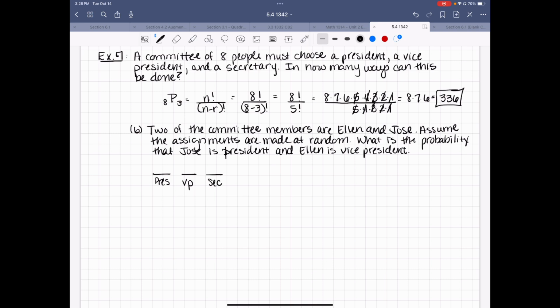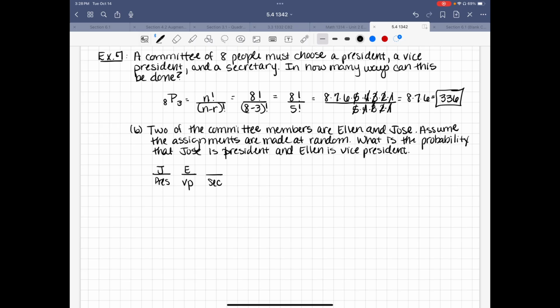We want Jose to be president each time, and we want Ellen to be vice president each time. We know that there are 336 total permutations with the 8 people, but now Jose and Ellen have taken up president and vice president.